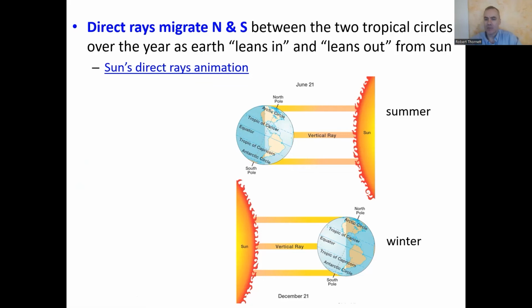And so we said that in the summertime, when we've leaned in as much as we're going to lean in, the summer solstice, that is the point when the direct rays are right over the Tropic of Cancer, 23.5 north. That's why the Tropic of Cancer is there.